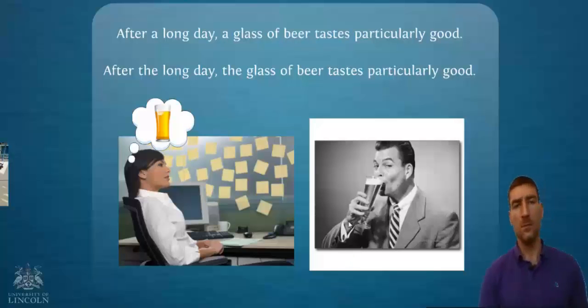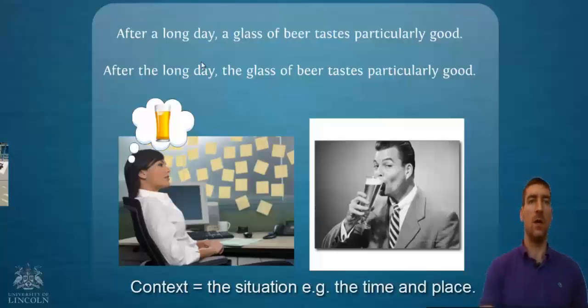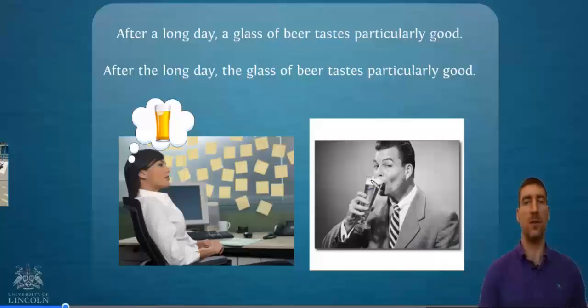Okay, so the thing about choosing the correct article is that if you don't, you might confuse the meaning of what you're trying to say, and it really depends on context. So 2 sentences that are exactly the same except for the fact that they use different articles.